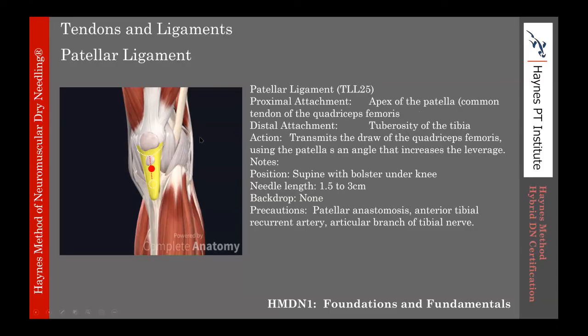Patellar ligament, quite simply, we're going to find the inferior pole, find the tibial tubercle, find the midpoint, and we're just going to drop 1.5 up to 3 centimeters of needle length. It won't require that whole length, and there's no backdrop.